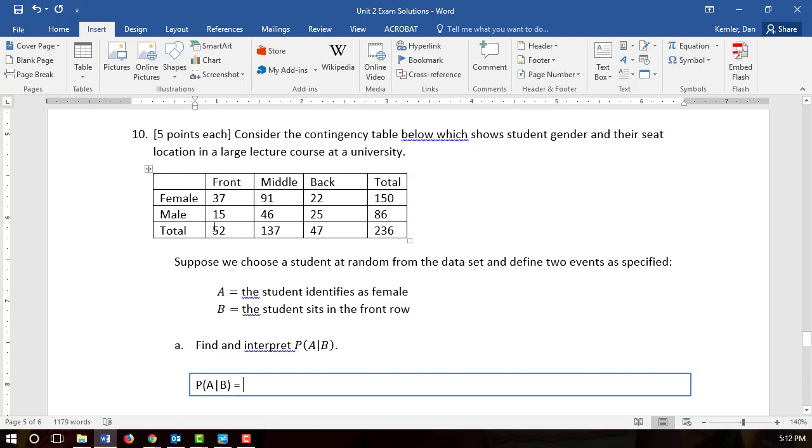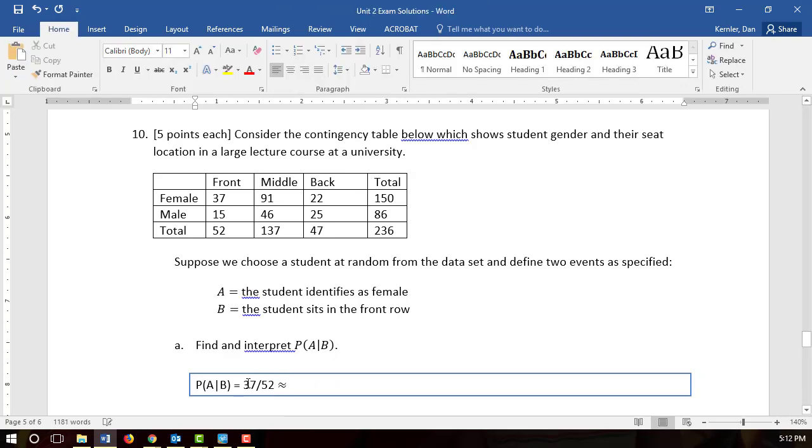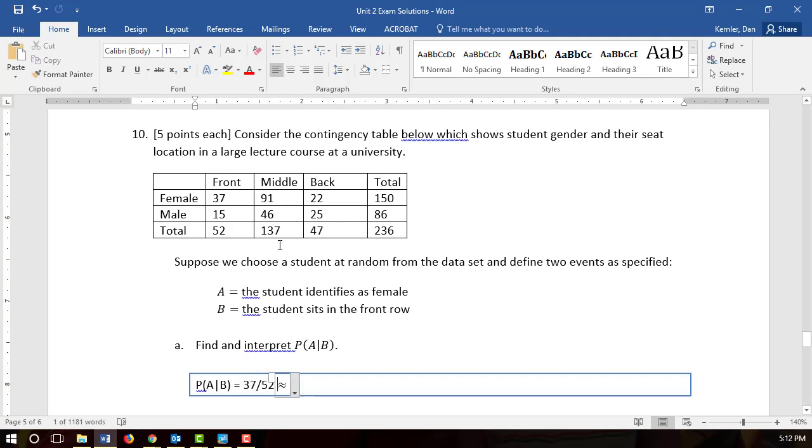So we're looking just at the front row. That would be 37 out of 52, which really is approximately equal to, not exactly equal to, 0.71.